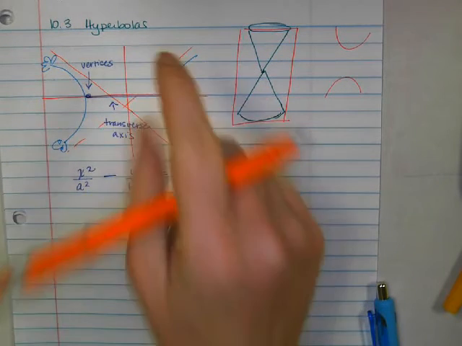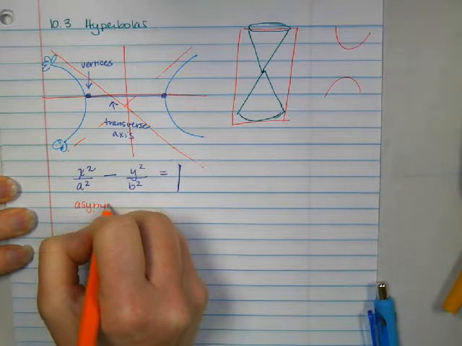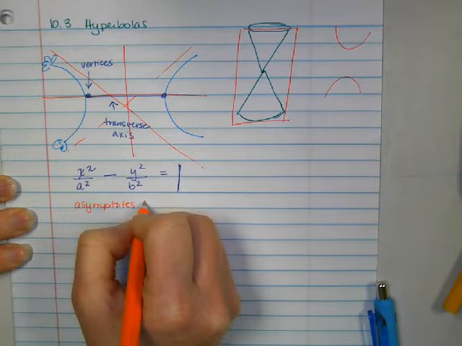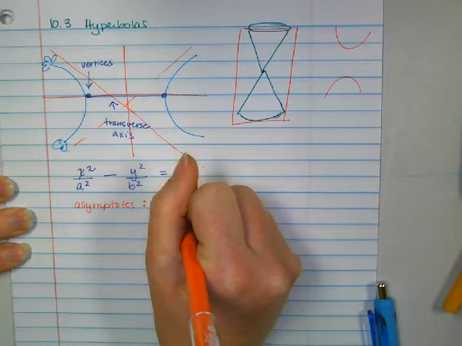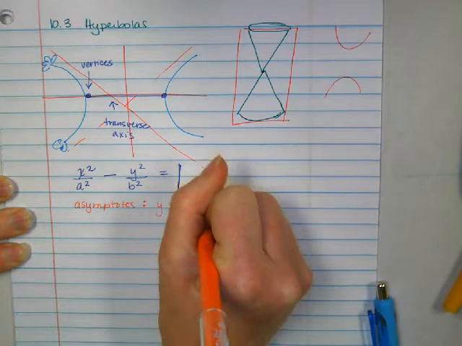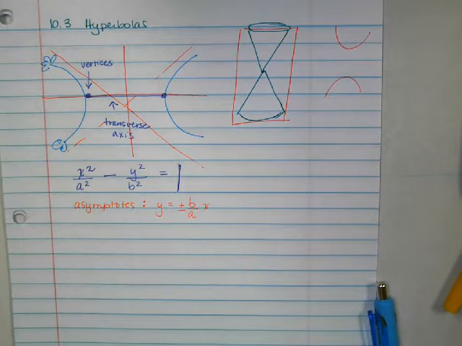These have an equation. What are they called again? They're asymptotes. And the equation for the asymptotes is y equals plus or minus b over a x, because they have the same slope and everything. The hyperbola just won't fall on one of the lines of the asymptotes.